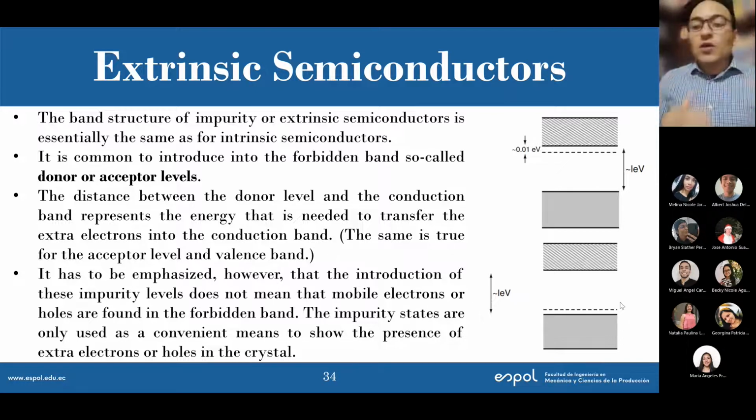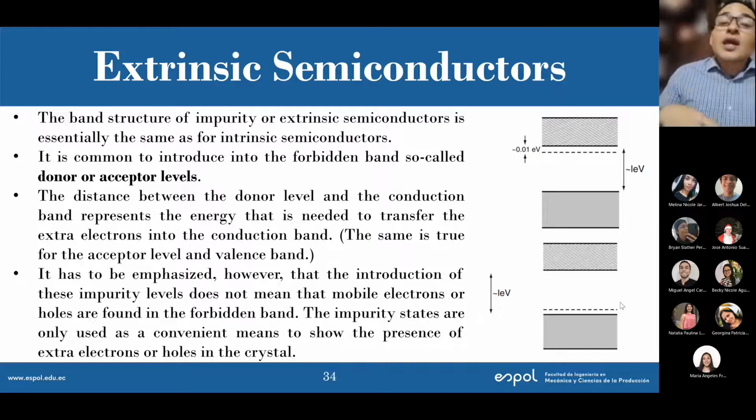However, the fact of having some impurity atoms present pushes researchers and physicists to ask how we can represent this, because it's not the same: we have impurity atoms in the structure. So how can I introduce those impurity atoms?